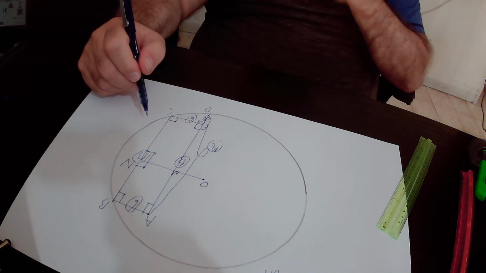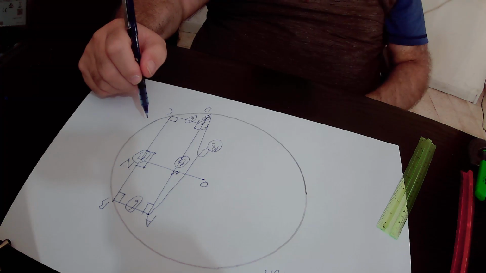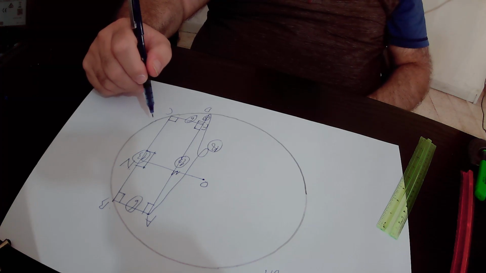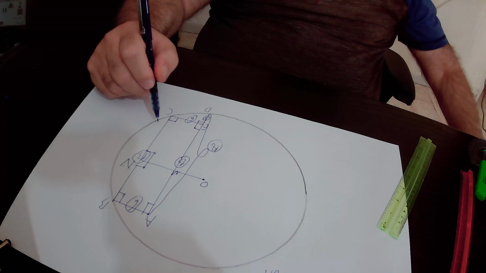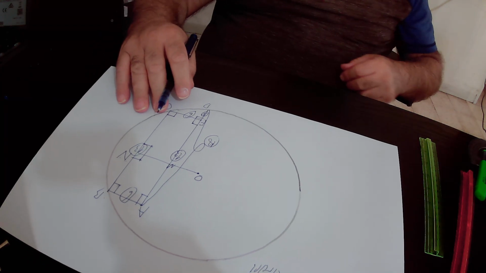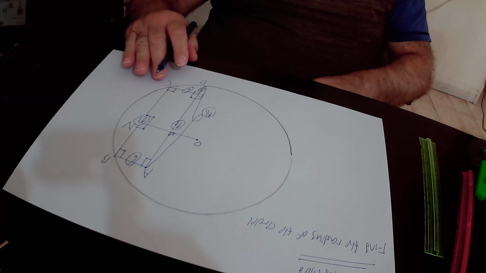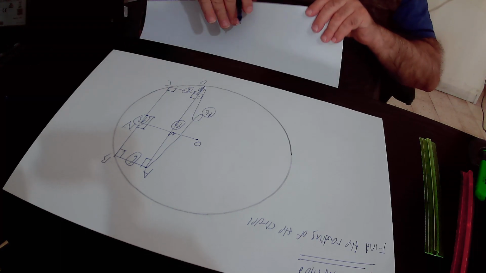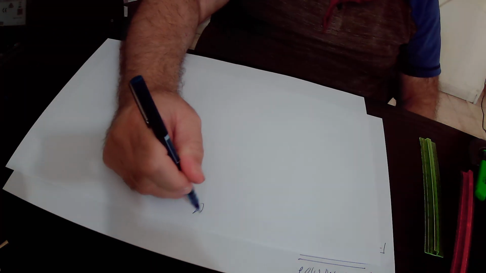In the next step, I will present to you a new rule, and we will implement the new rule in our drawing. So this will be actually rule number 2.